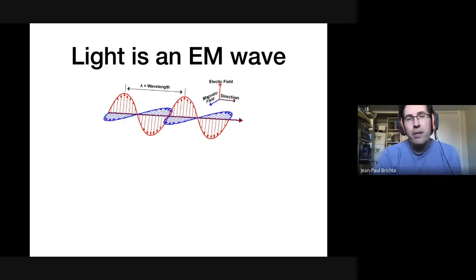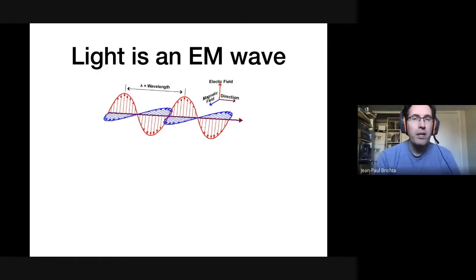So here's a picture that kind of describes what light might look like if we could basically, again, we're thinking about it as a wave and we're freezing it in time. Okay, so you can see that there are two sinusoidal functions going on here. The red one is to represent the electric field, and the blue one is the magnetic field.